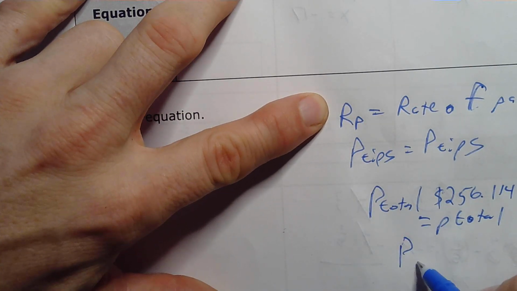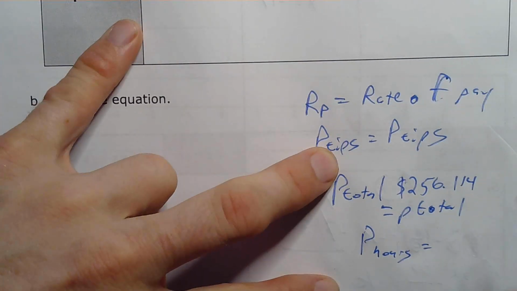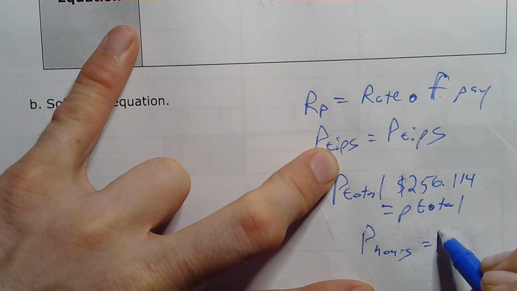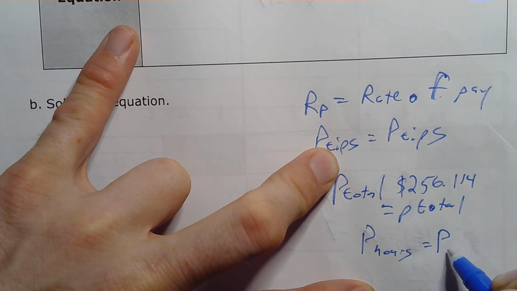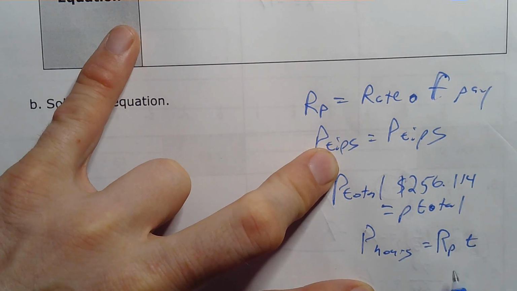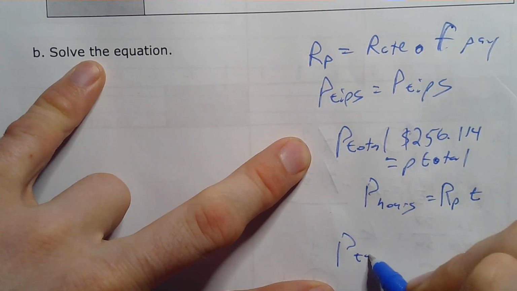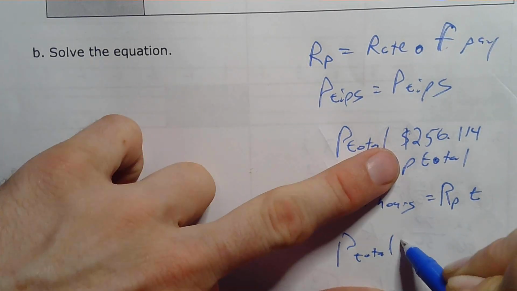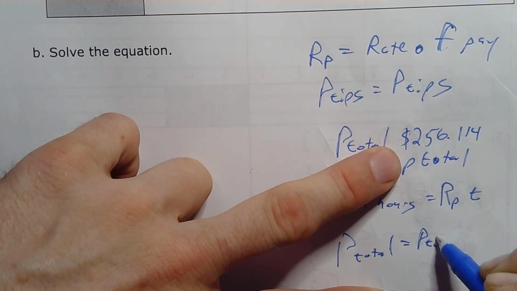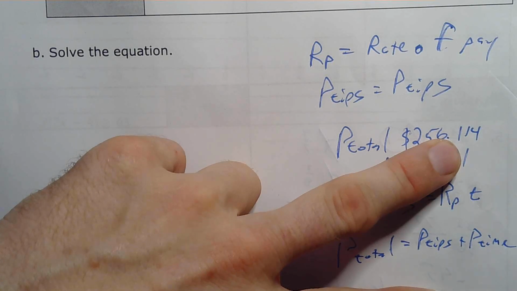And then my pay from hours equals my pay from my rate of pay times time, right? Rate of pay times time. So my pay total is going to be equal to my pay from tips plus my pay from time, right?